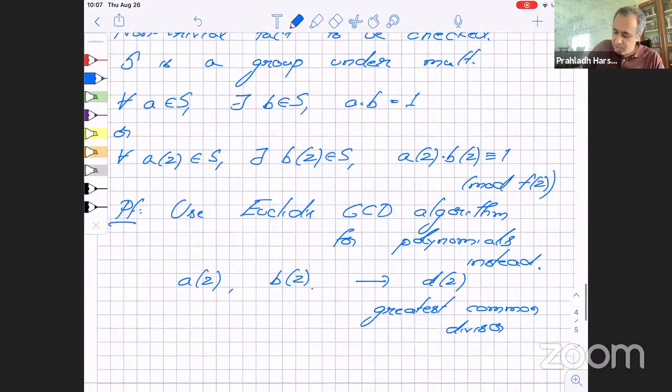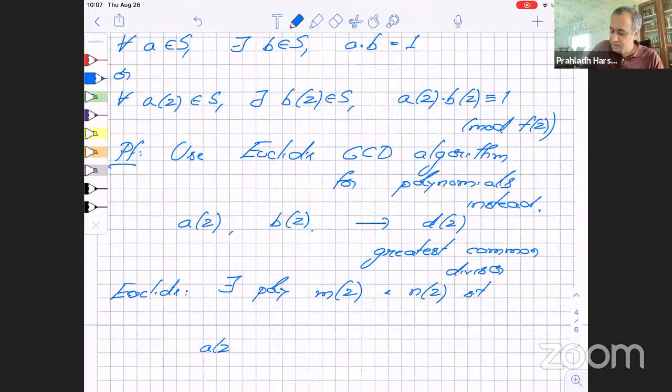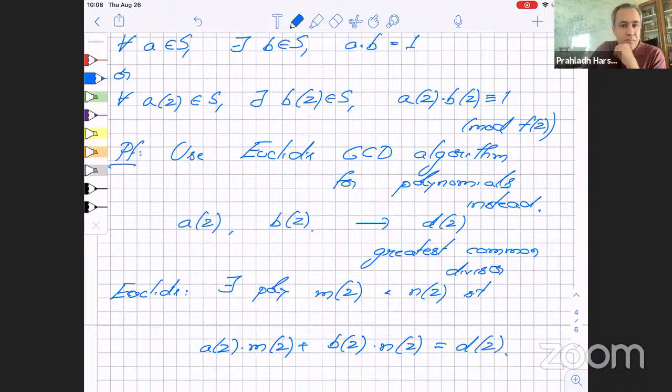And Euclid's algorithm actually gives you this fact that there exist polynomials M of Z and N of Z such that A of Z times M of Z plus B of Z times N of Z is equal to D of Z. If you give me two polynomials A and B, and their GCD is D, there exist two other polynomials M and N, such that AM plus BN equals D.